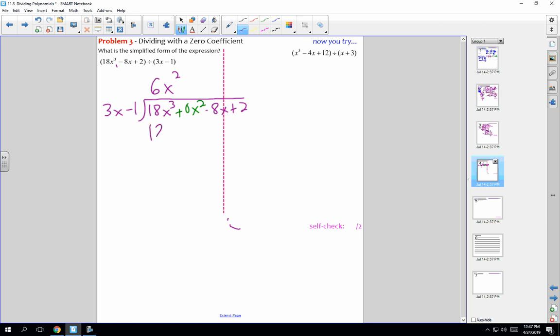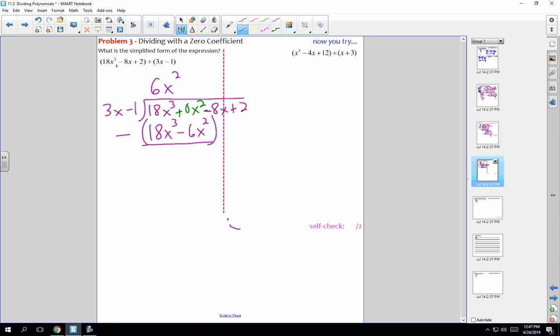And then 6x squared times negative 1 is minus 6x squared. Put a line underneath it, parentheses around it, minus sign out front. Otherwise, it's a minus. So now we're going to subtract those two terms.